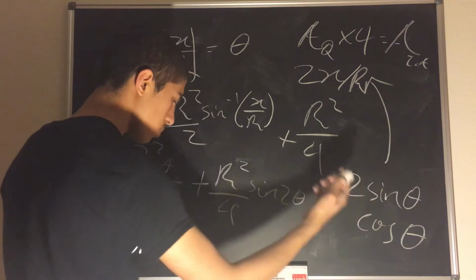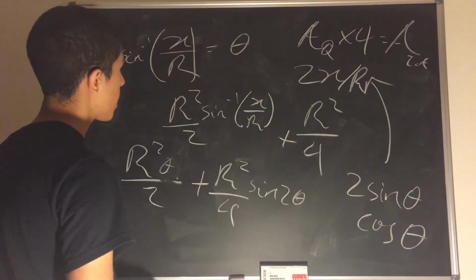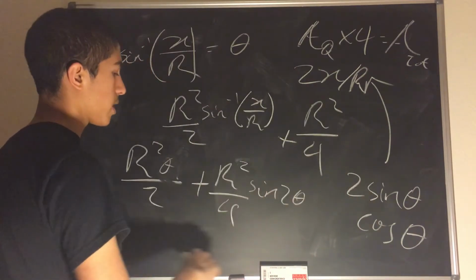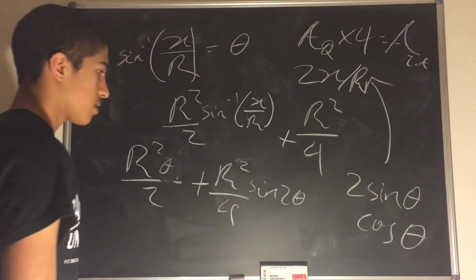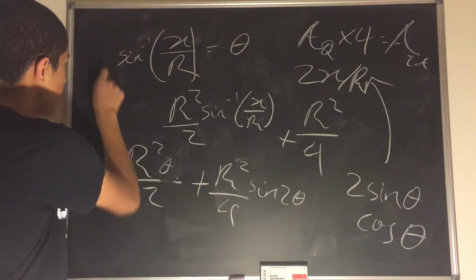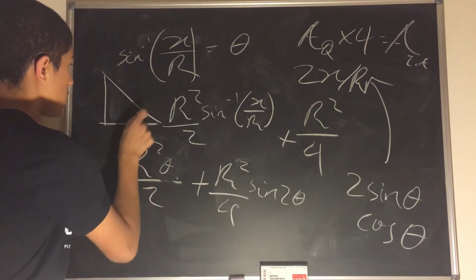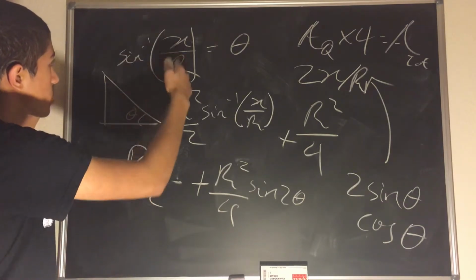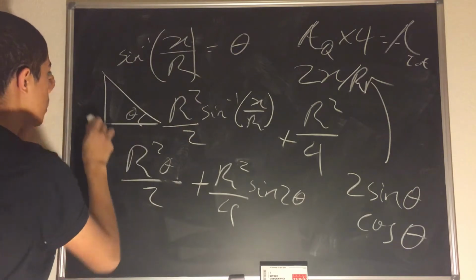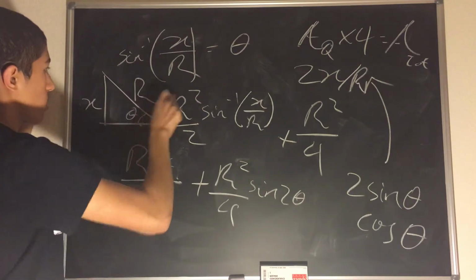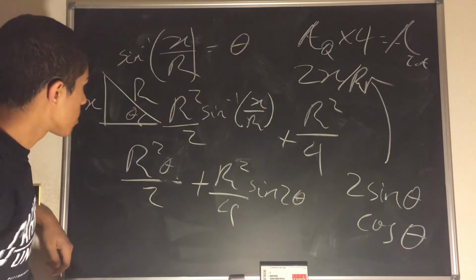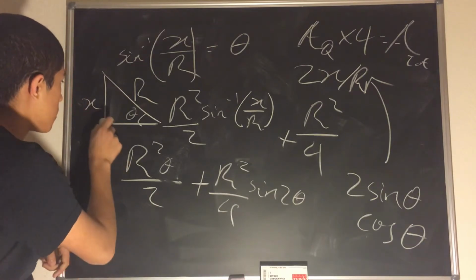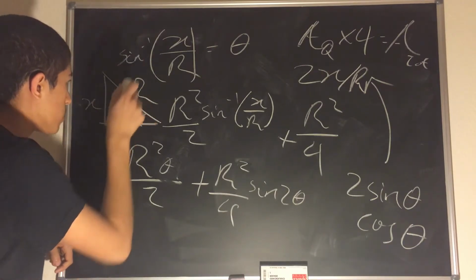Well, what is cos theta then? Because we have cos of sine inverse of x by r, which is also a mouthful. What we can do is draw a triangle. Call this angle theta. Since sine inverse of x by r is equal to theta, this side must be x, and the hypotenuse must be r.